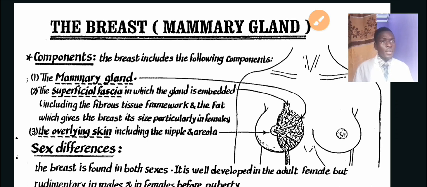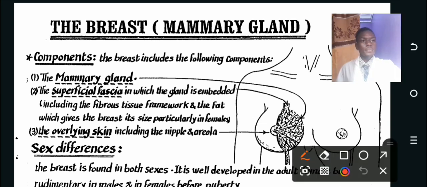The nipple is actually found along the mid-clavicular line. Now, when you talk about mid-clavicular line, we are talking about a line that divides the clavicle into two equal parts. Let us see this. So when you divide the clavicle into two equal parts, you will have our mid-clavicular line.